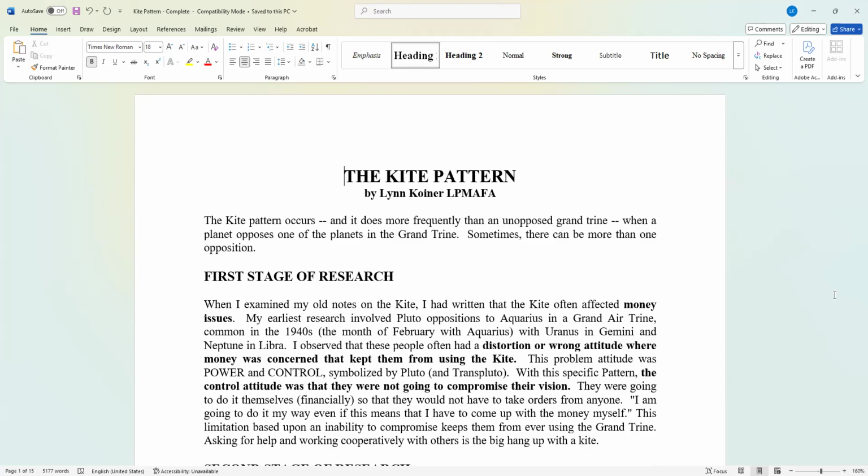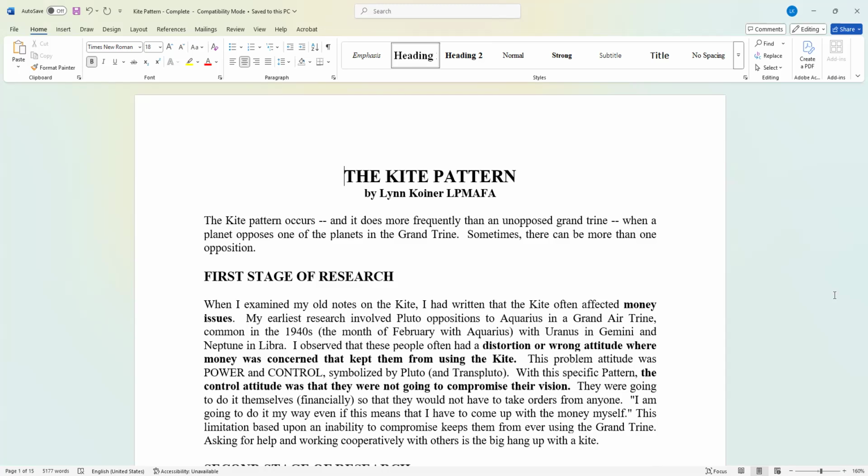Or if it hits things in your natal chart, you're going to feel the frustration of being in the airport and the air conditioning doesn't work, or the planes get canceled, or somebody blocked my car and I couldn't leave when I wanted to. You start noticing frustrating situations. That's really what a kite does.